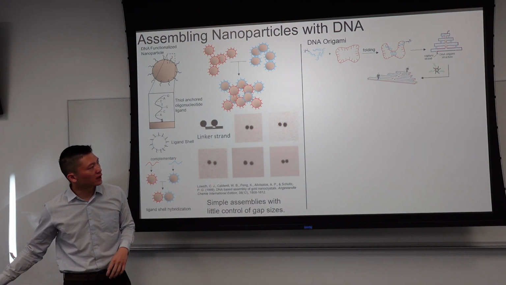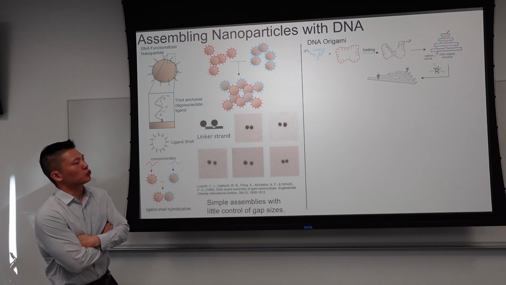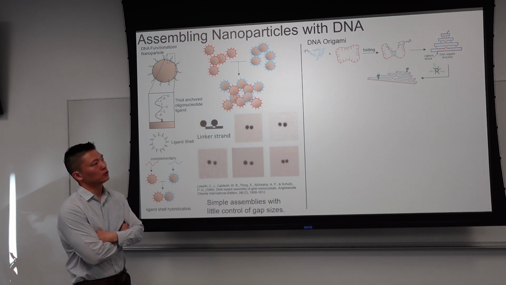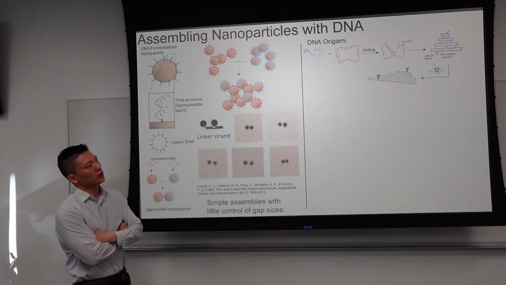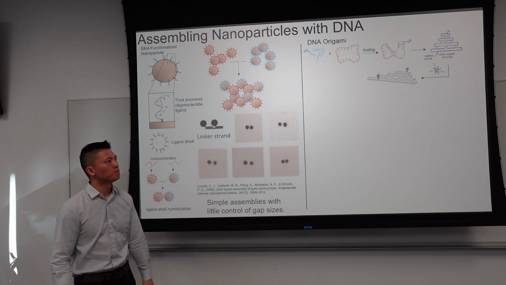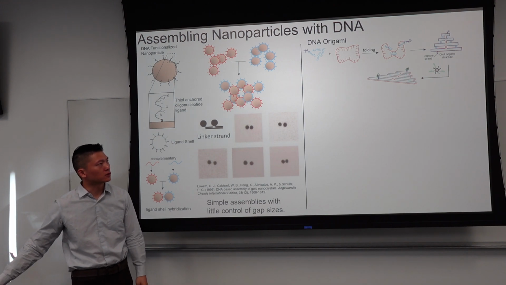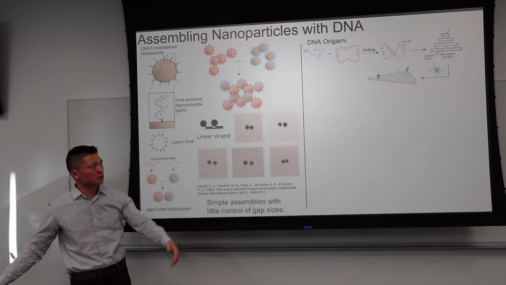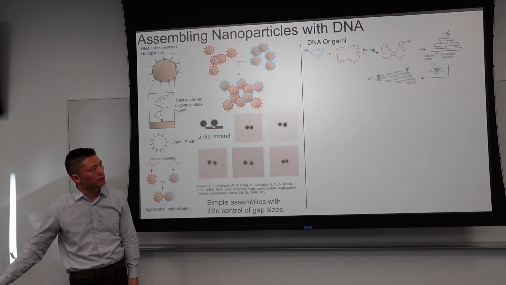Those capture strands can be complementary to the functionalized nanoparticle ligand shell, and so we can assemble the nanoparticles this way. So now you have two nanoparticles, a dimer, for example, in this diagram.